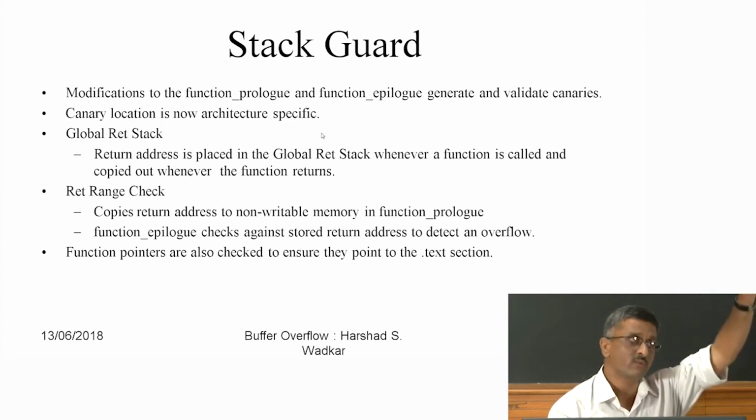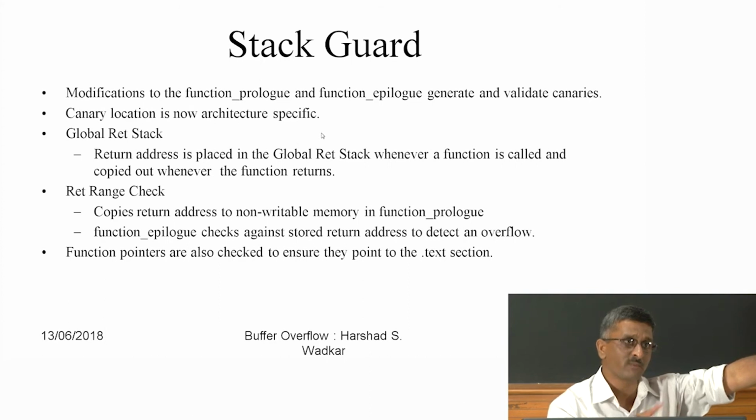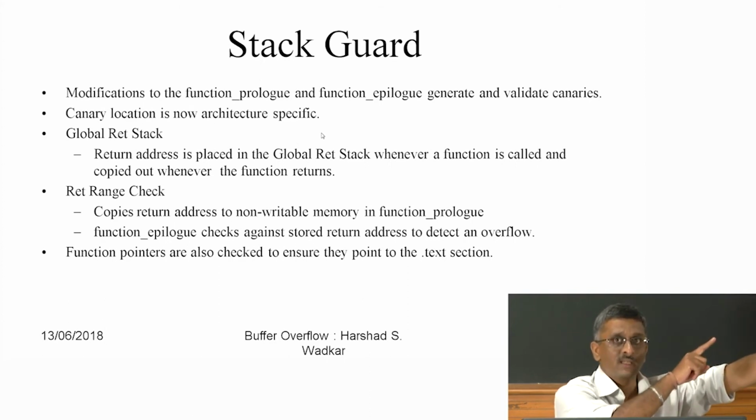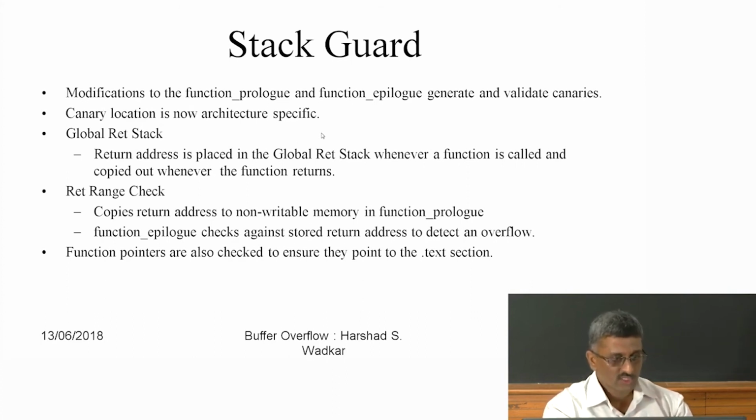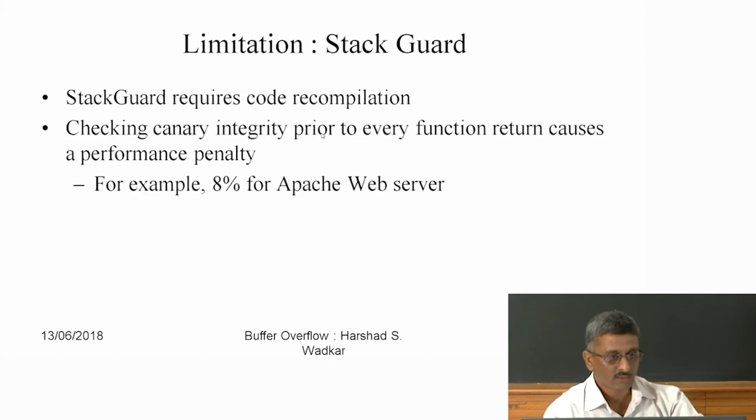This ABCD is stored somewhere. When the return address is reached, I first check whether it is ABCD, because the attacker has put PQRS there. I wanted ABCD. They do not match. The function call will never execute. Stopped. So this is the way stack guard works.